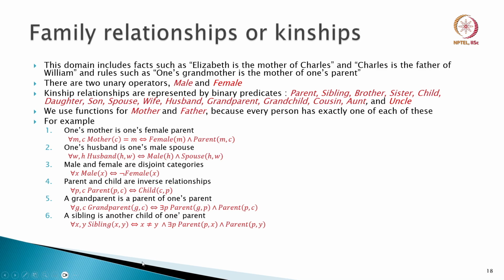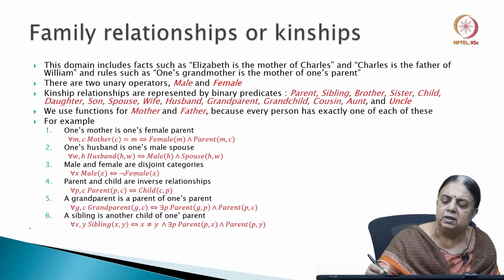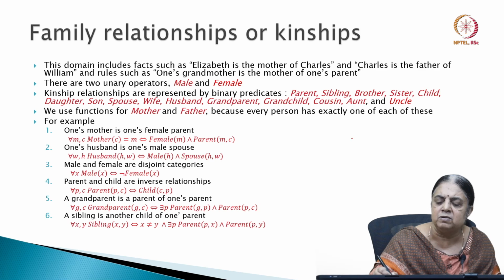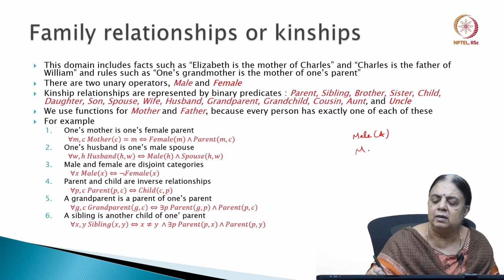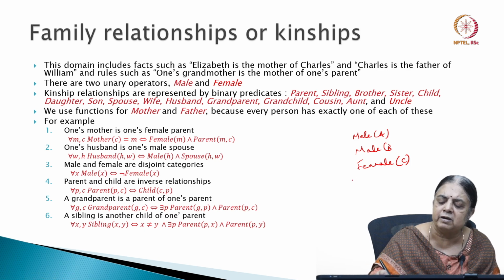So if you have a number of facts, okay, for example, if you take a number of people, so instead of taking people's names, let me take A, B, C, etc. Okay, so I can say male A and male B and female C. And we can have some relationships which are given, like for example parent.